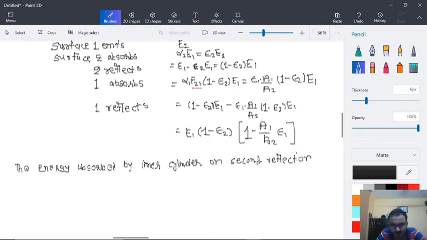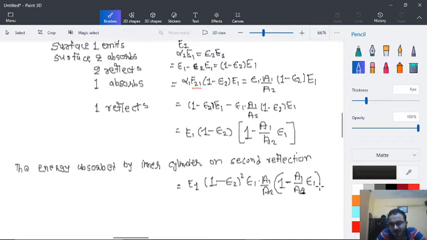We will not go into detailed explanation of this. So here we will be getting E1 into 1 minus epsilon 2 whole square epsilon 1 into A1 by A2 into 1 minus A1 by A2 into epsilon 1. So this is the thing that we have obtained.